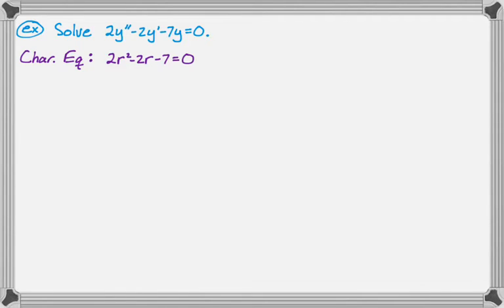I look at that and I think, I'm not really sure how to factor that. So when I'm not sure how to factor, I just immediately jump to the quadratic formula because it's going to save me time rather than just messing around. So opposite of b plus or minus square root of b squared minus 4ac. So a is 2, c is negative 7. So all over 2a. And then that's going to simplify to plus or minus radical 60 over 4.